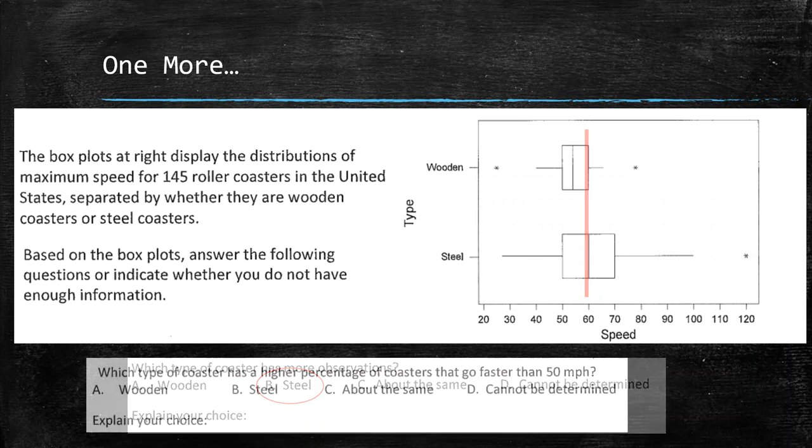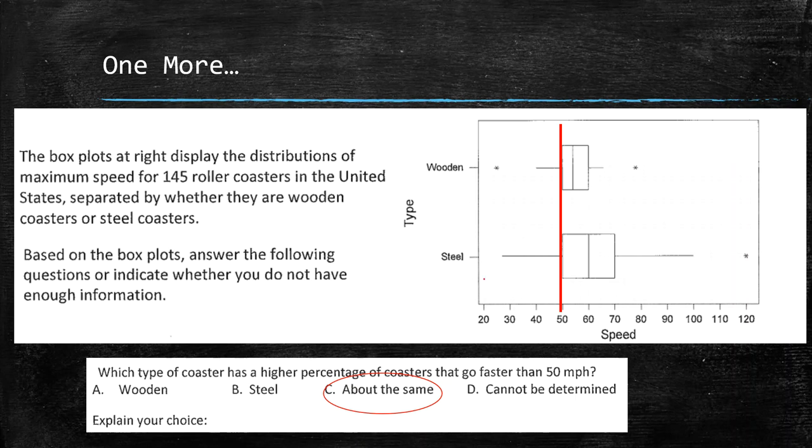All right, last question here. Which type of coaster has a higher percentage of coasters that go faster than 50 miles per hour? So to do that, we've got to figure out where 50 is on each of these box plots. And for 50, we're getting 3 chunks of data here.